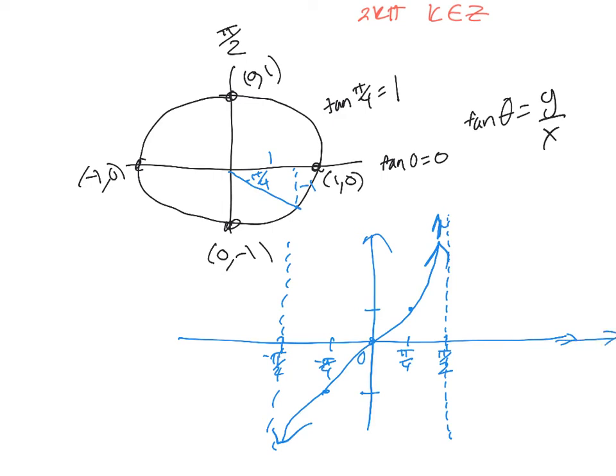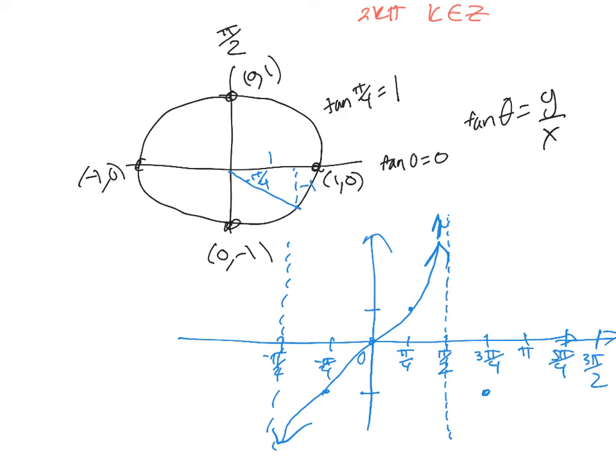So after pi over 2, if we look at 3 pi over 4 and then look at pi, and then let's look at 5 pi over 4 and 3 pi over 2 to see what's happening. Well, 3 pi over 4, again, we're at negative 1 because the x-coordinate's negative, but the y-coordinate's positive.